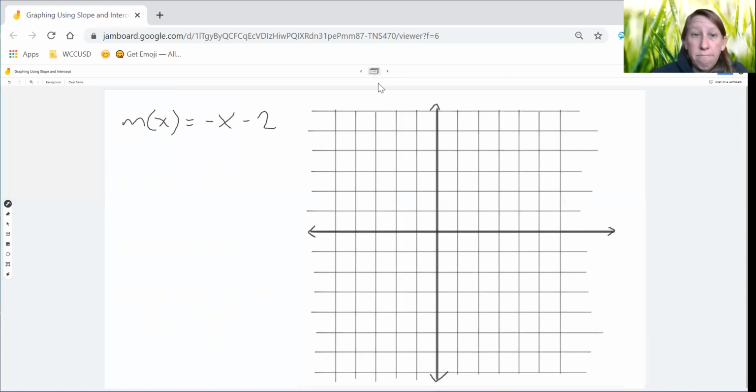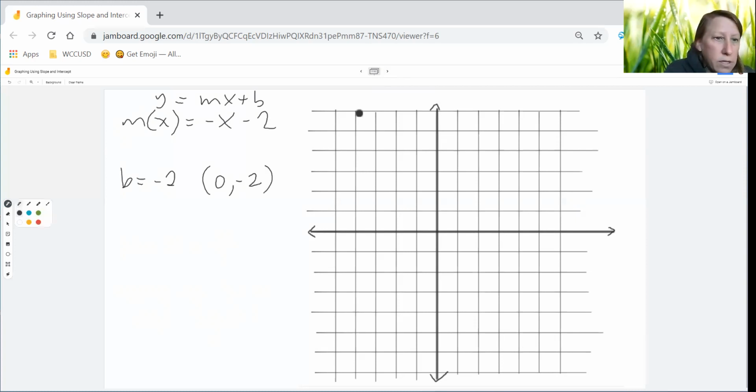All right, where's my beginning? Y equals mx plus b, right? So where do I begin? I begin at -2. That's the point 0 for x, -2 for y. That's my y-intercept. That is right here. Okay, where am I going to move?